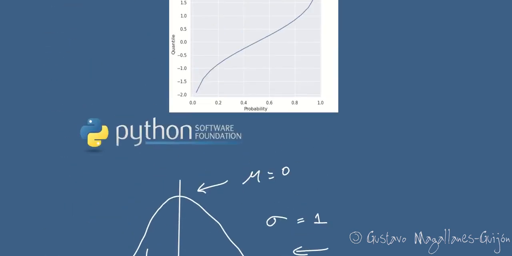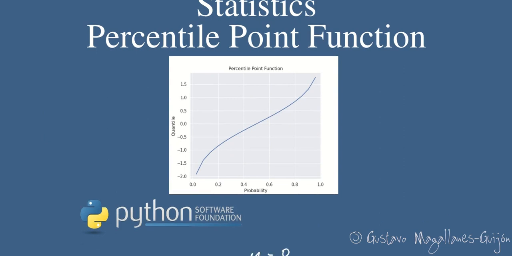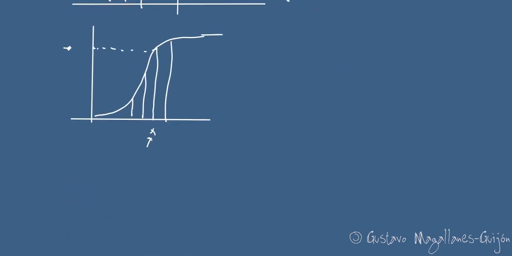The percentile point function is a quantile function, and it is the inverse of the cumulative distribution function.